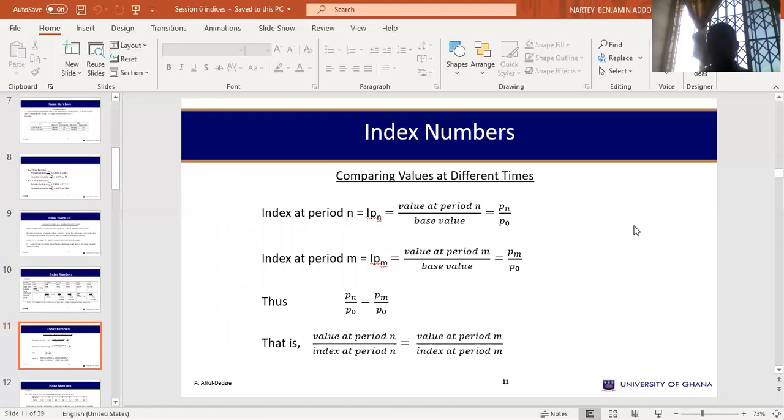The index at period m is the value at period m over the base value. So Pn over P0 will be equal to Pm over P0. That is, the value at period n over the index at period n will be equal to the value at period m over the index at period m.